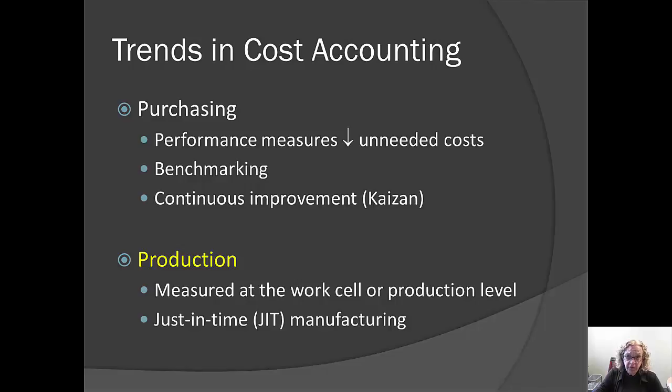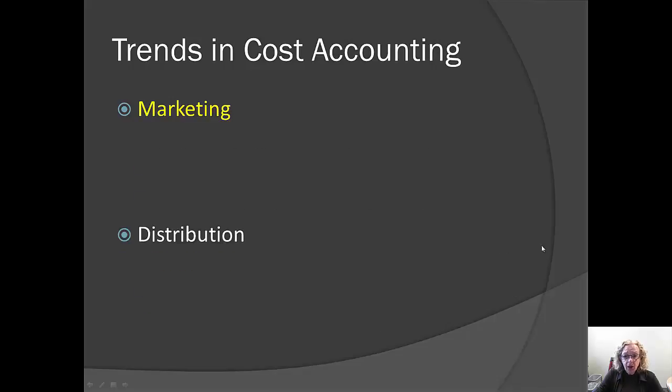Instead, some firms find that they can save a great deal of money by getting inventory only when they need it. We'll talk more about this topic in another chapter. Marketing is another way that we can gain competitive advantage.